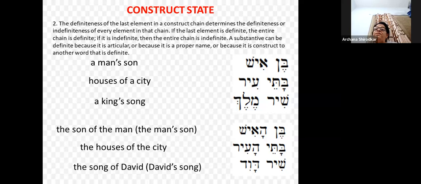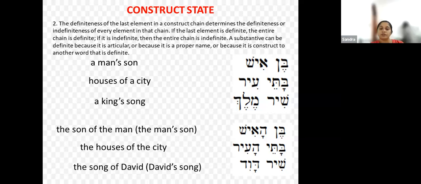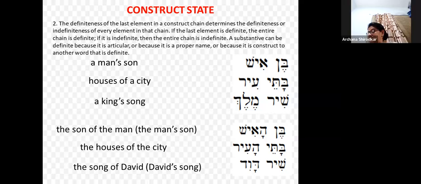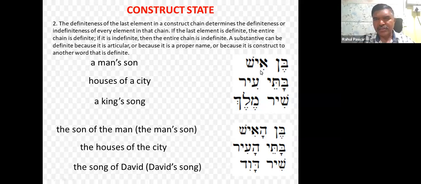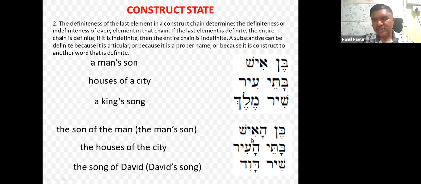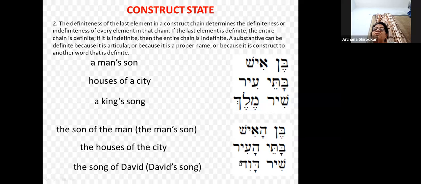The song of David requires no article there. So you can see here the last elements ish, ir, melech are indefinite, so this chain is indefinite. But in the second three cases, the last element is definite, so this chain is definite.